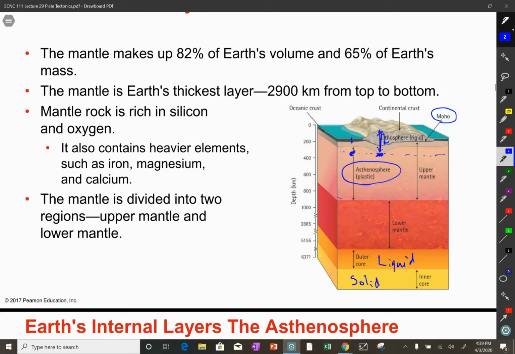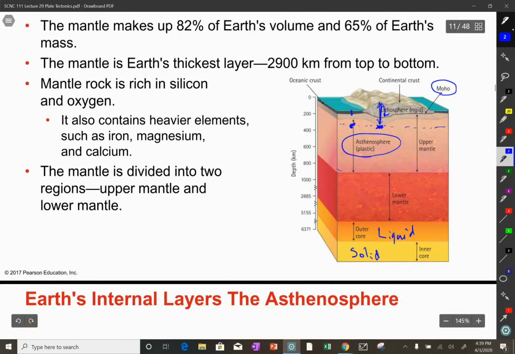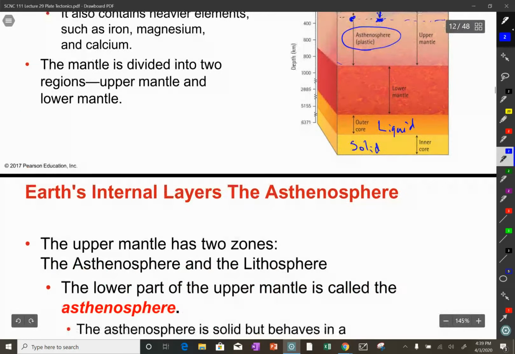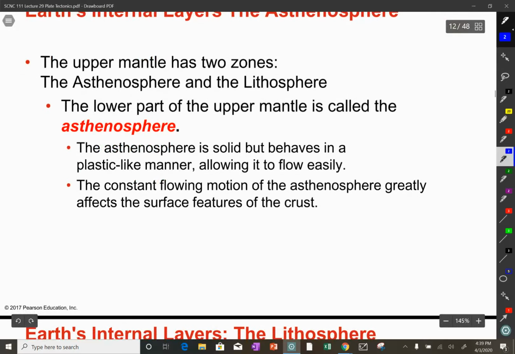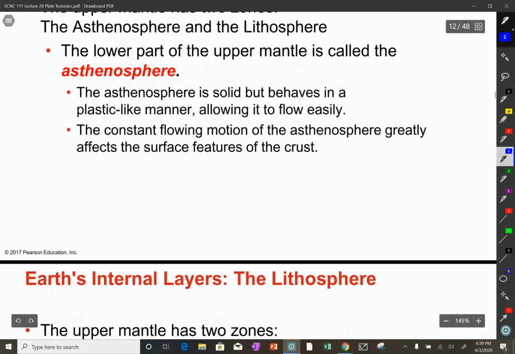And so we'll talk about that coming up. We're going to end with plate tectonics and evidence for it. So the lower part of the upper mantle is the asthenosphere. And when I was studying this, they said, think about it like the grease on which the tectonic plates slide.